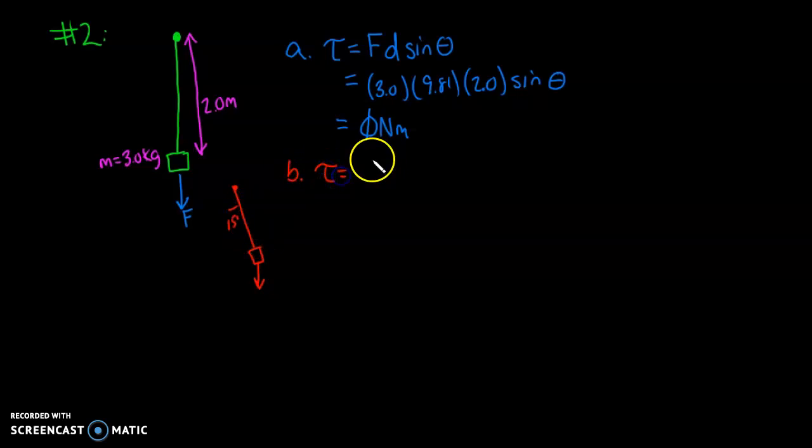So here torque is going to equal this same mass times the same acceleration times the same distance, but we're changing our angle to the sine of 15. And if we throw that in our calculator, we should end up with 15.2 Newton meters.